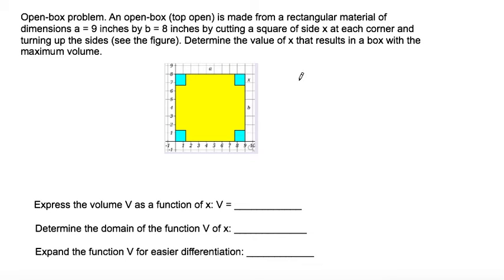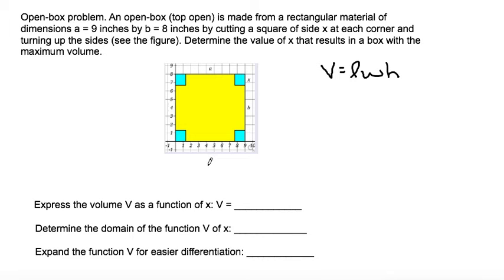So first of all, let's think about what it means to have the volume of a box. The volume of a box would be the same as a rectangular solid, which has a formula that the volume is equal to the length times the width times the height.